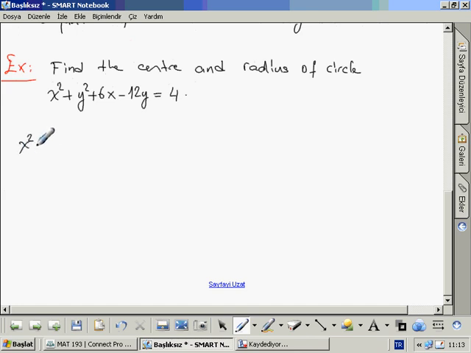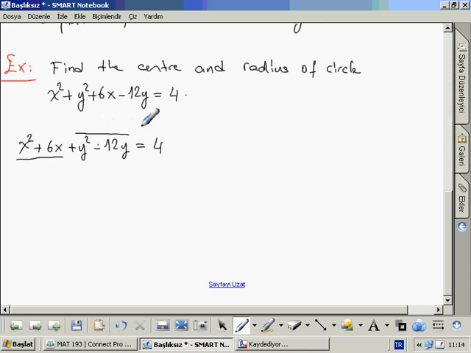Firstly, please pay attention: x squared plus 6x and y squared minus 12y equals 4. We can complete the square in the equation, and this part and this part can be completed.